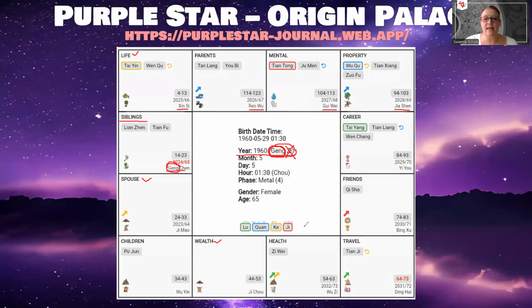Now, then the Health Palace. If you have your year stem in the Health Palace, your health and your physical condition influence your life decisions. So maybe health keeps you from achieving important goals or good grades in school. Or maybe your health is such that it influences the opportunities that you get in life.